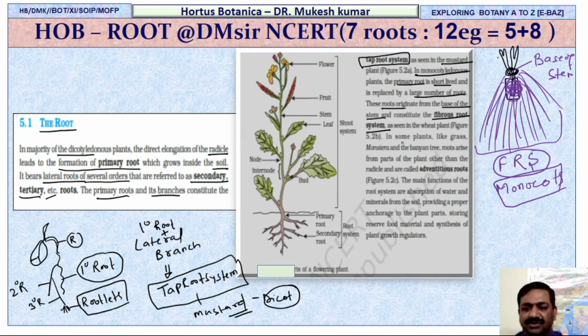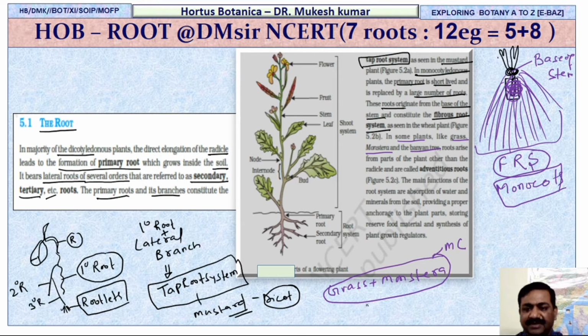Now come. In some plants like grass, monstera and banyan, so we have now three examples. Again, I am quoting you: grass, monstera, and these both are monocots, right?